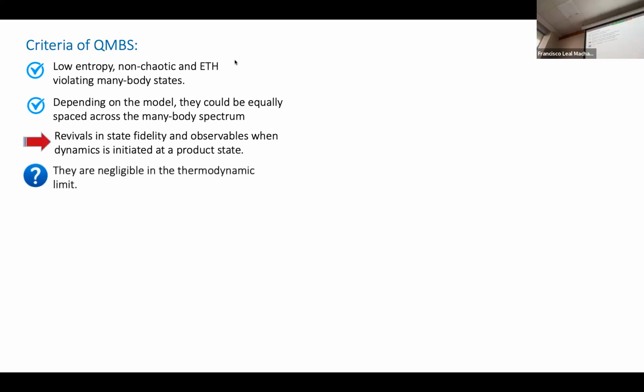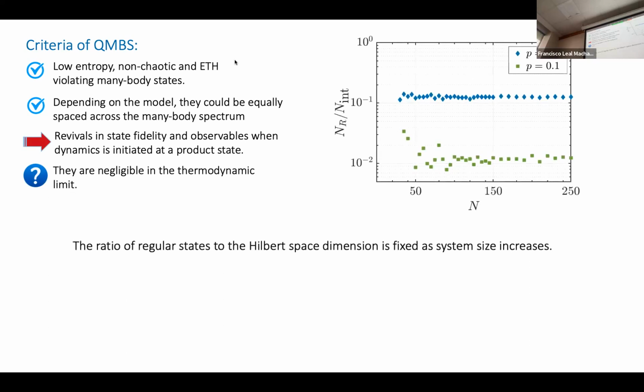This is the result, but are they really negligible in the thermodynamic limit? That was one criteria of the QMBS, right? We see that this is not the case. The ratio of regular states to Hilbert space dimension is fixed as the system size increases. Let's make a comparison with the PXP model QMBS. As I said before, the dimension of the Hilbert space is exponentially increasing, while the number of QMBS is linearly increasing, making the QMBS negligible in the thermodynamic limit.